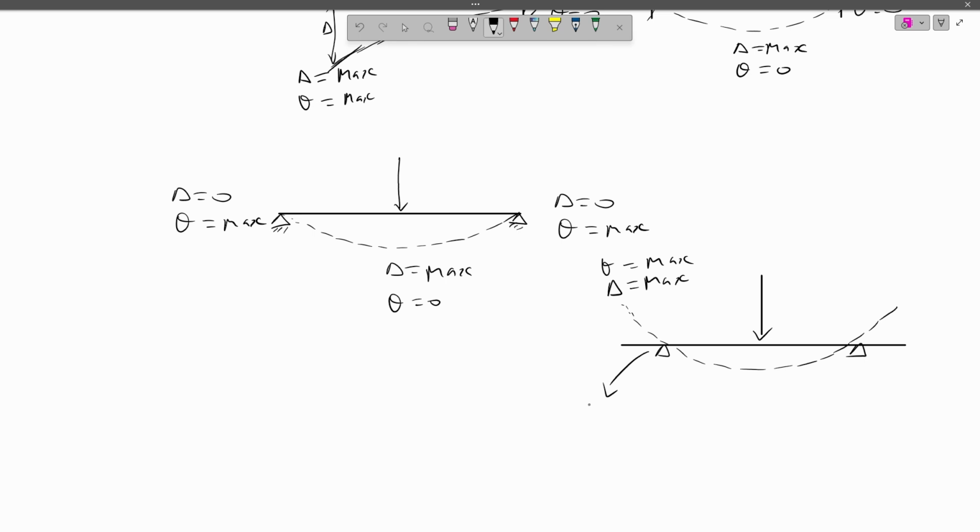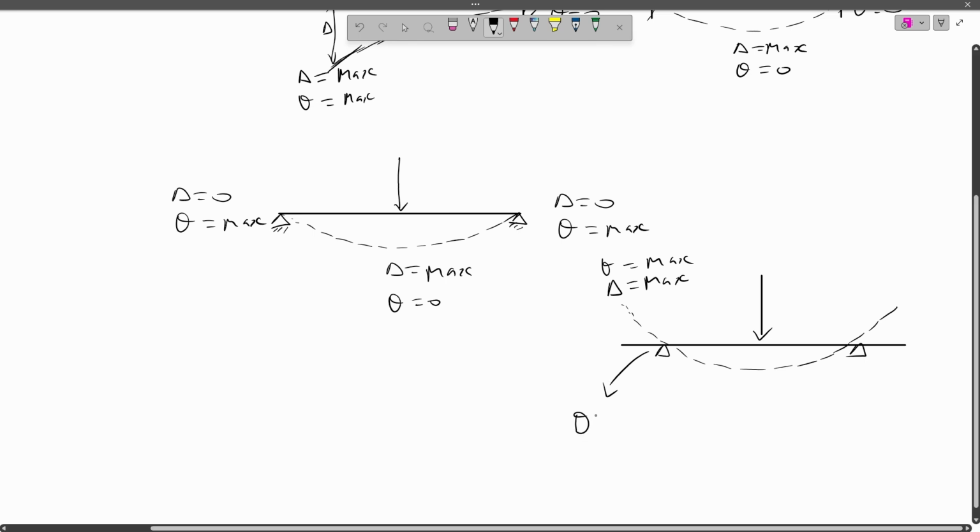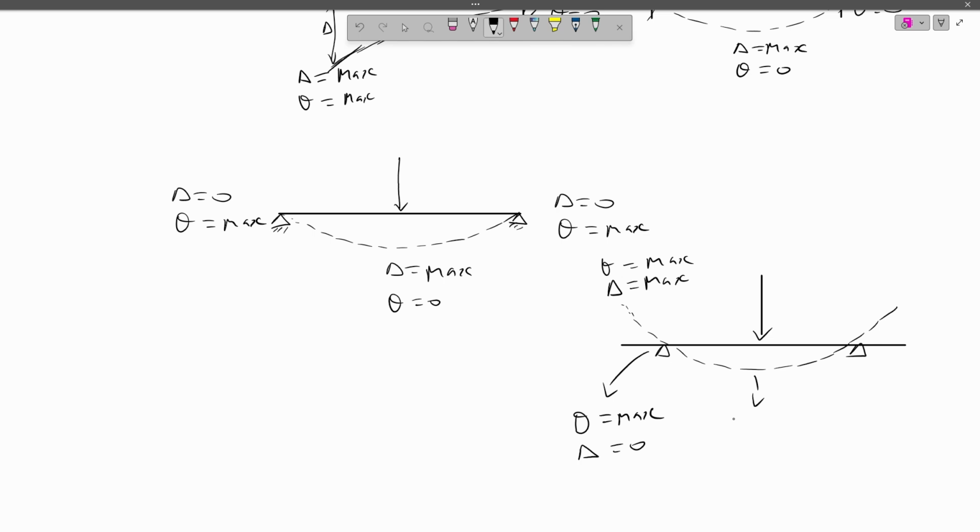At the supports, our slope is going to be max and our deflection is going to be 0. At the turning point, our slope is 0 and deflection is max. Same.